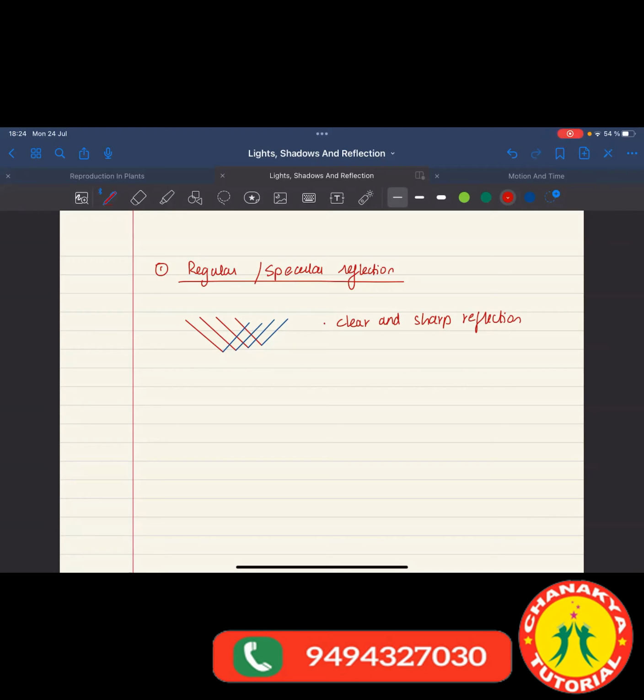Like the ones you get in a mirror, you get a clear and sharp reflection in a mirror. So, you know a mirror, what is a mirror made up of? A mirror is made up of glass. It is coated with a uniform layer of a highly reflective material, which is in the form of a powder.